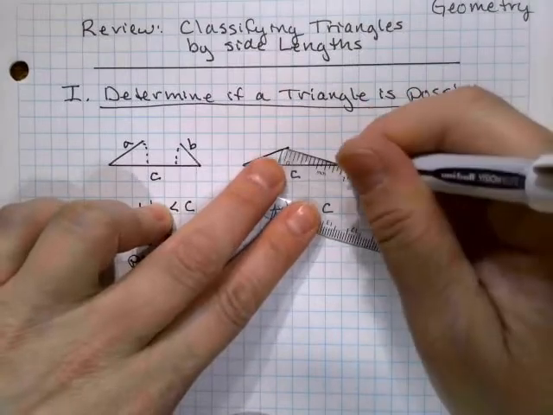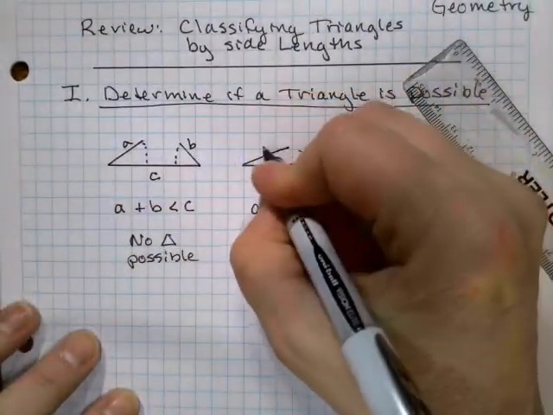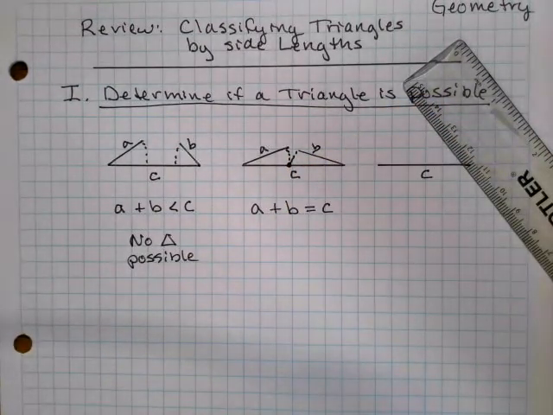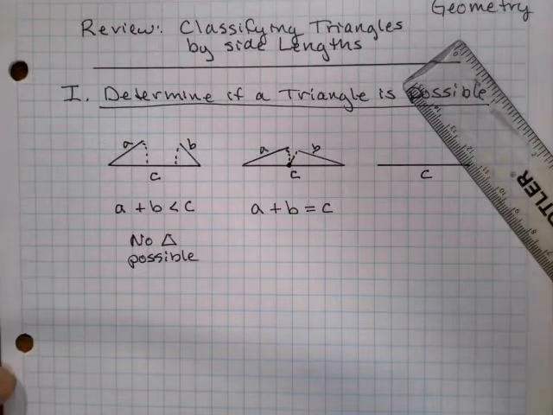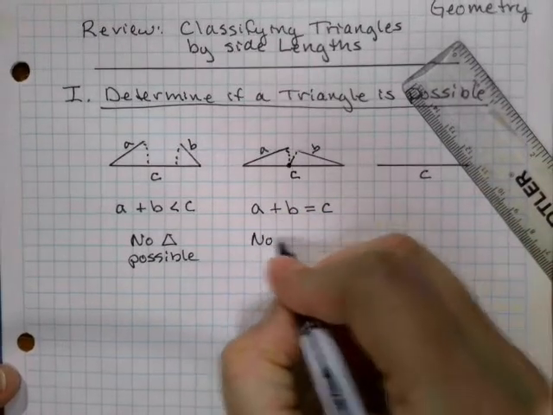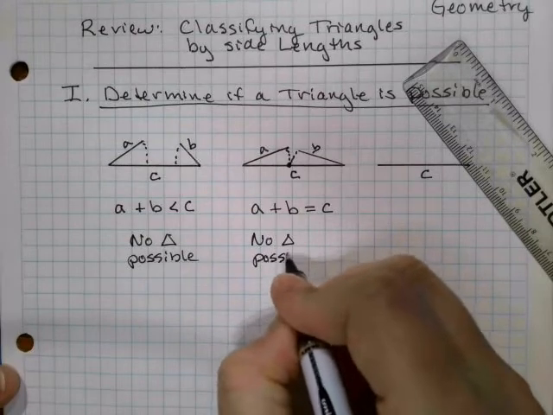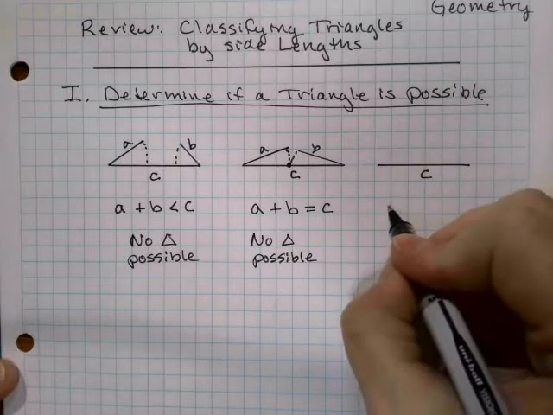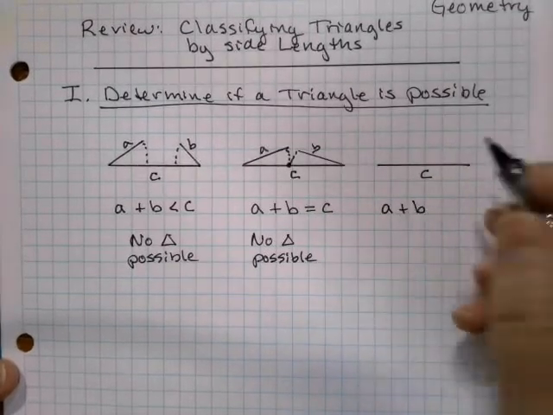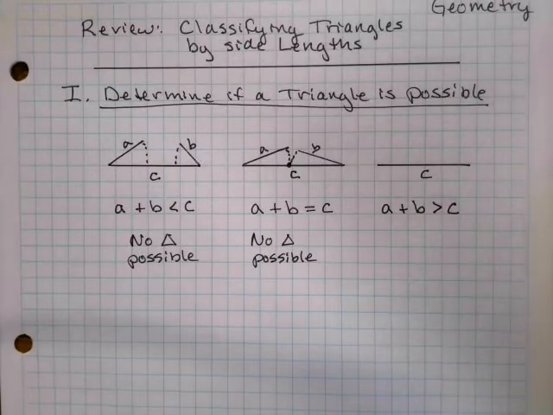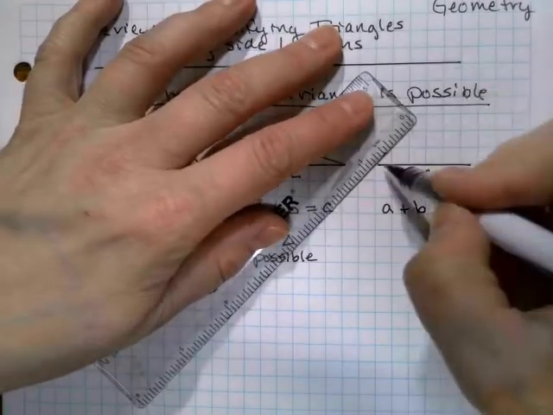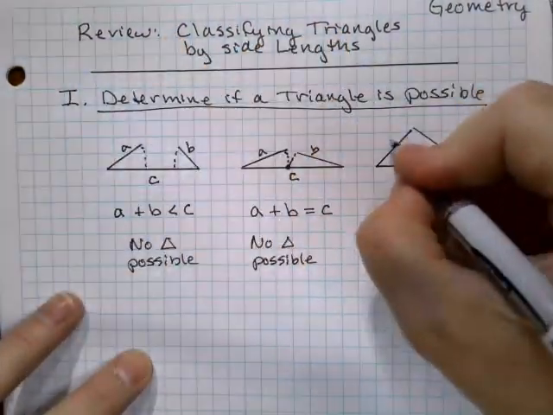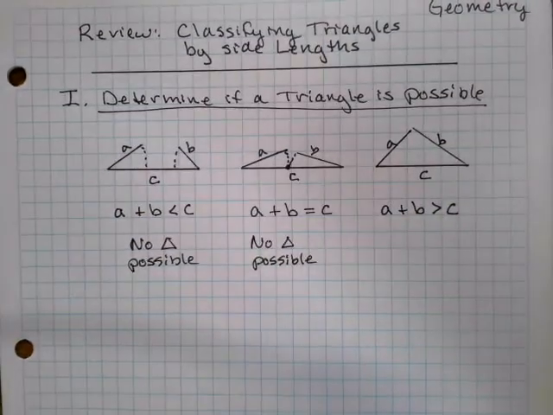If A and B add up to a length exactly C, as you can see, they will fall flat onto side C and not actually make a triangle. So again, in this case, no triangle is possible. In our third scenario, the sum of the 2 sides A plus B is greater than the third side C. When this happens, A and B are long enough to touch and make an actual triangle.